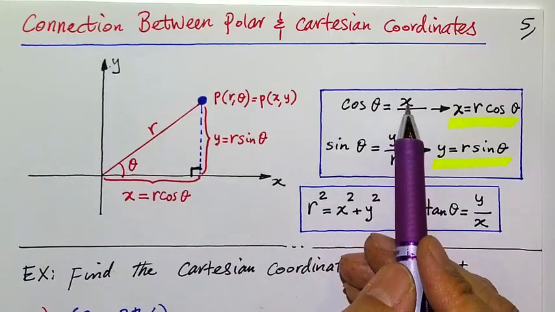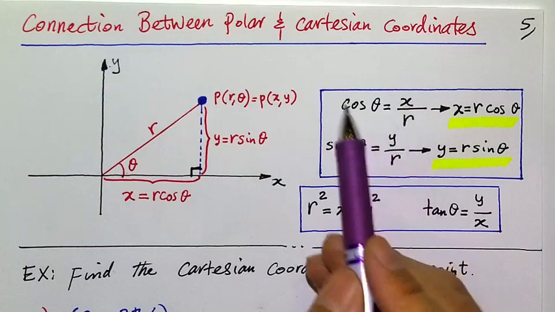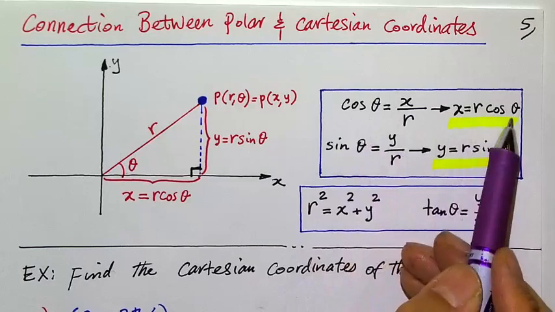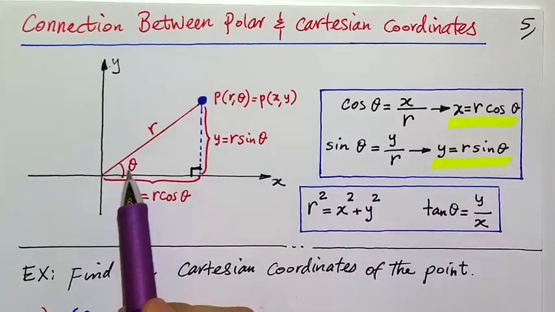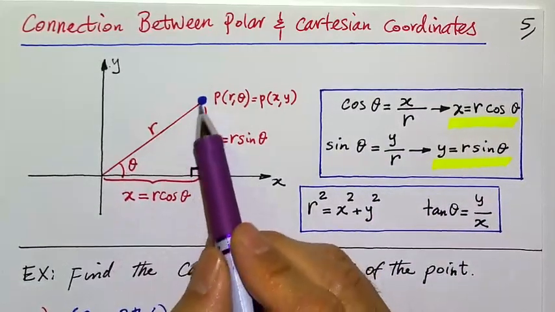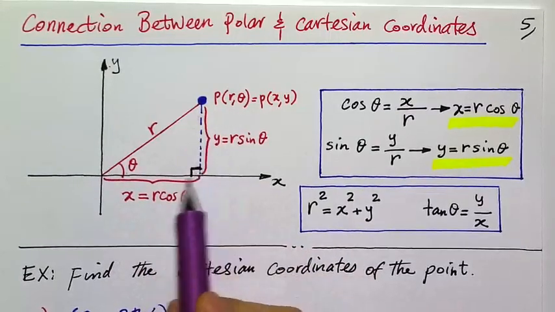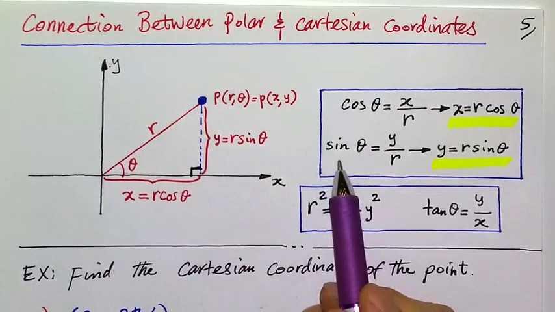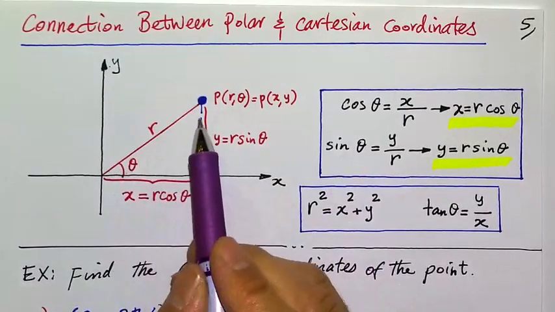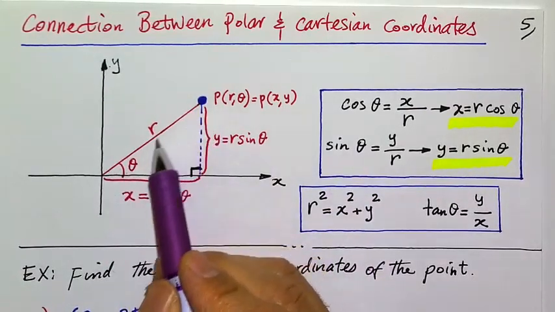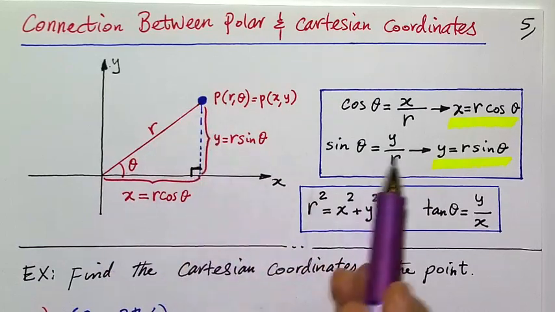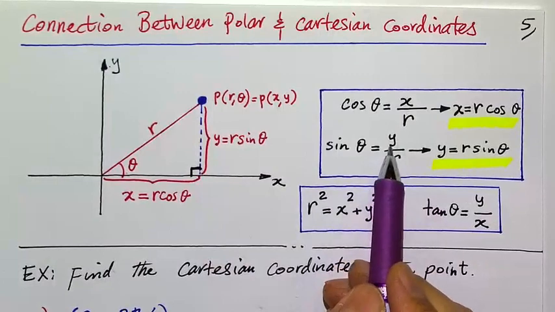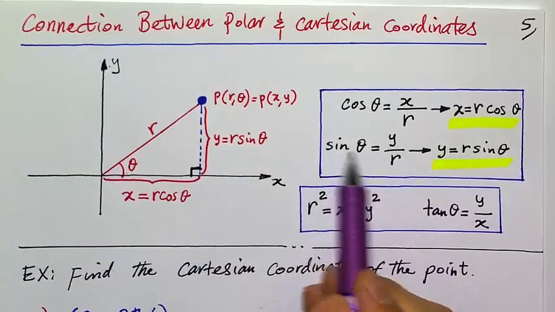And then we want x, cross multiply, we get x equals r times cosine theta. Now sine of this angle is the opposite divided by the hypotenuse, this being the right triangle that we have. Opposite being y, hypotenuse being r, and then we can solve for y. We have r times sine theta.